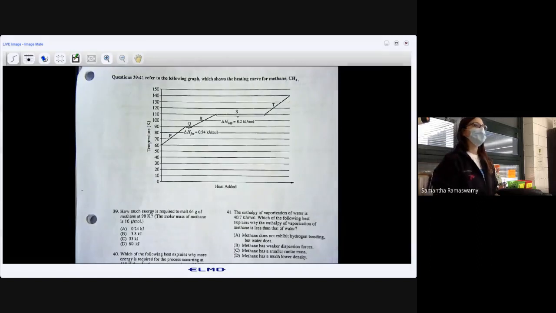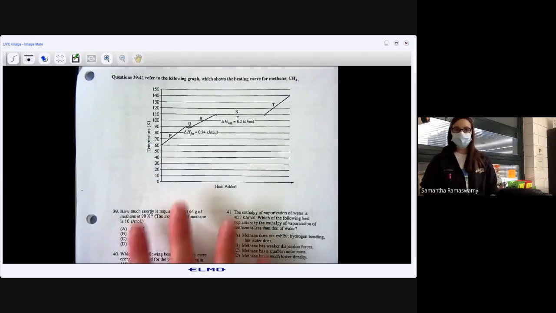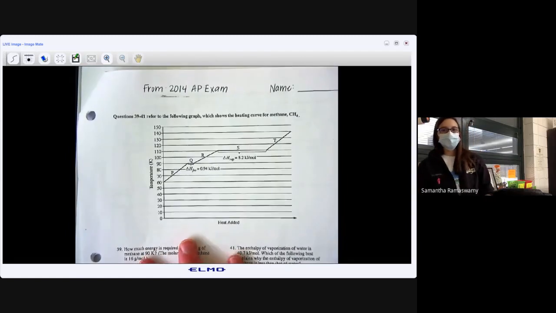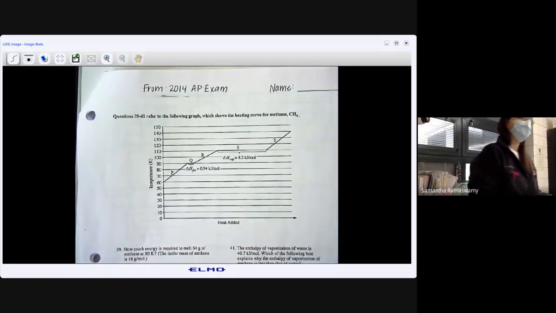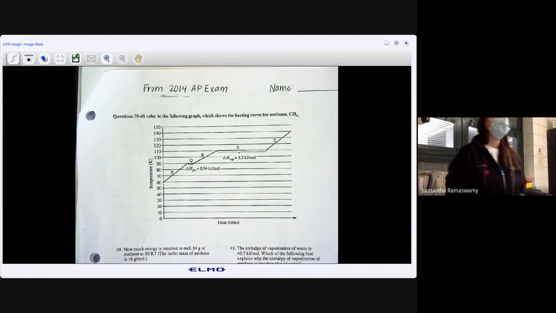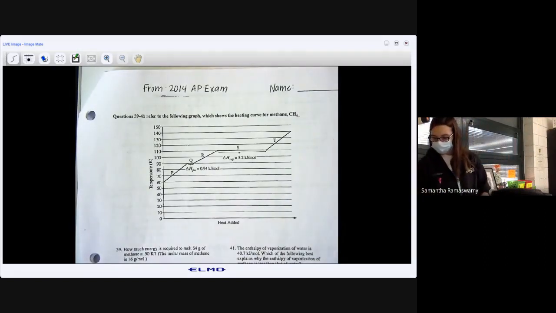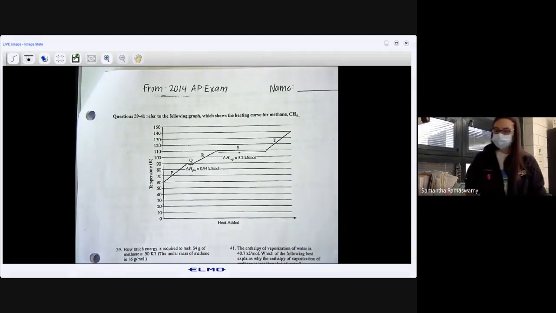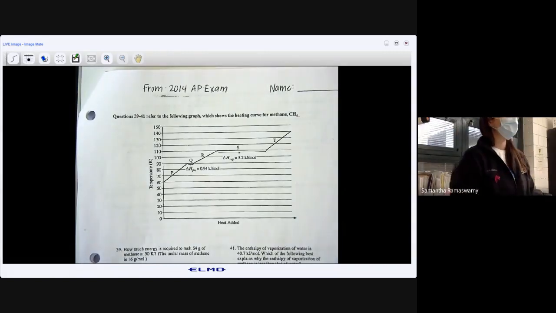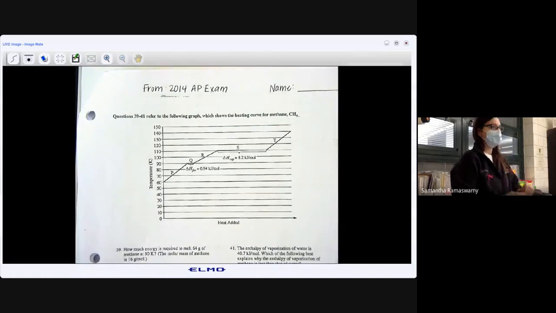You're going to refer to this heating curve. This is from a 2014 practice test. See if you can answer the 3 questions. Use the data given. We'll go over the answers in a few minutes. I'll put the answers up right as the bell rings so you can check answers.